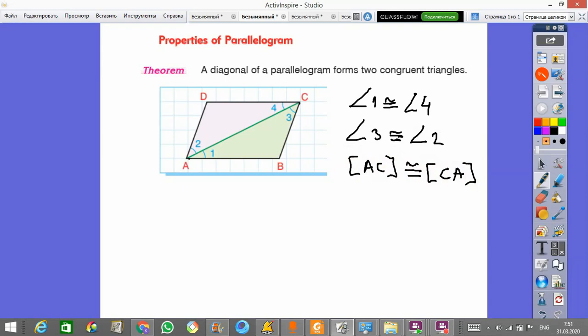This is the reflexive property. So here we can write triangle ABC is congruent to triangle CDA.